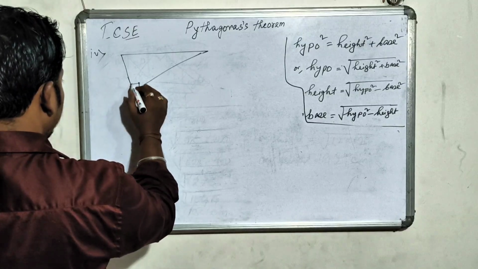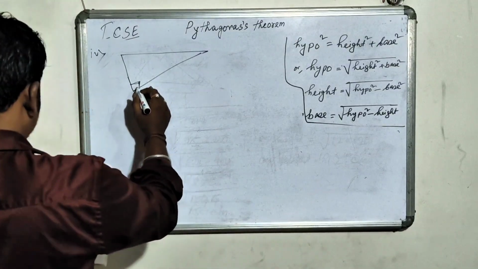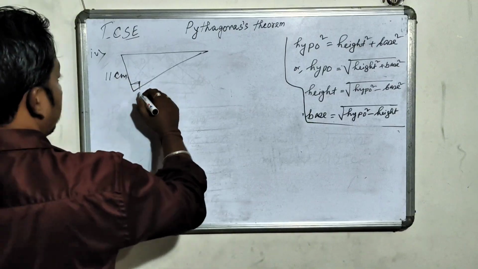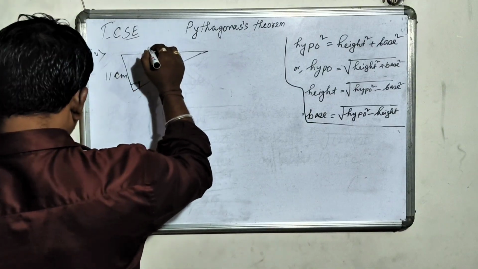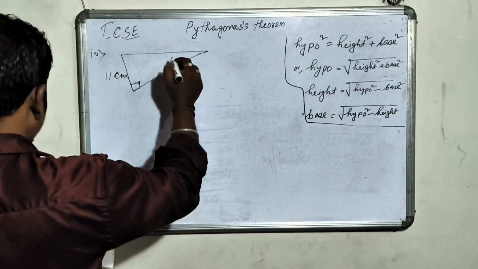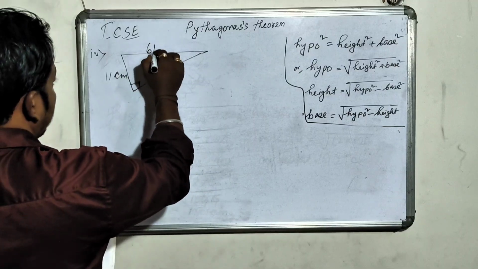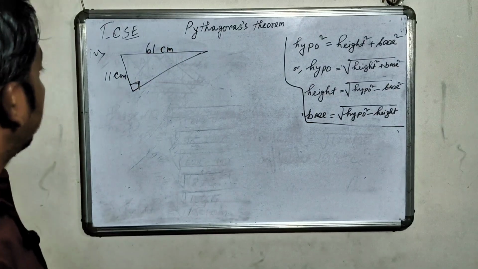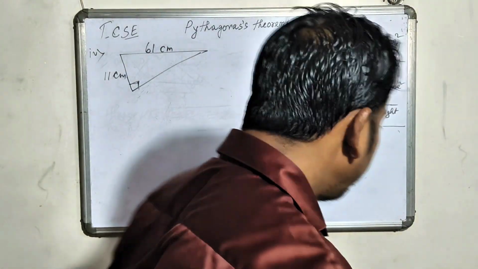That is the 90 degree. 11 centimeter. This is the base and that is the height, and that is the hypo, that is 61 centimeter. So again, same rules.